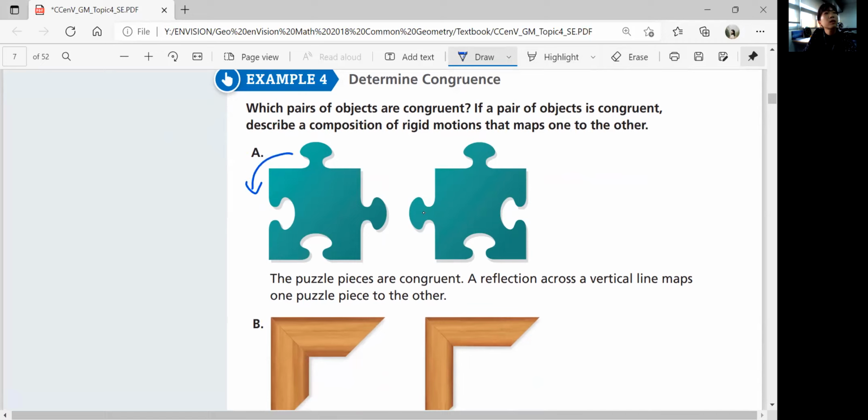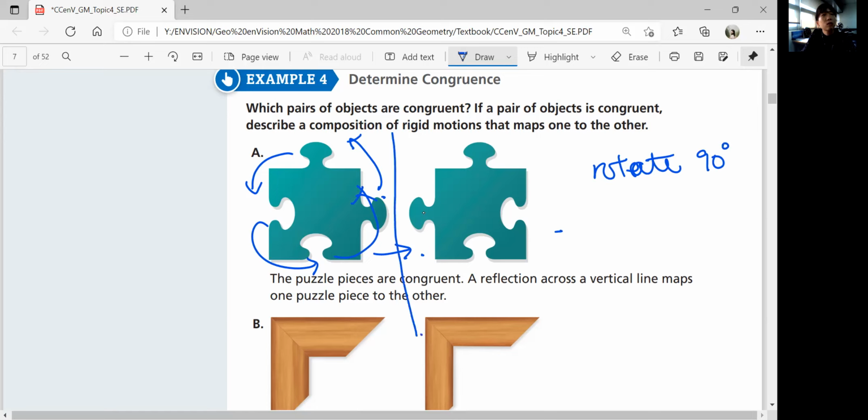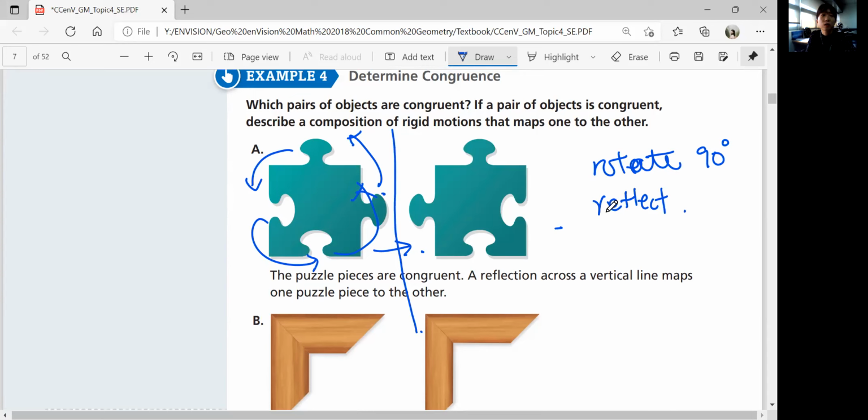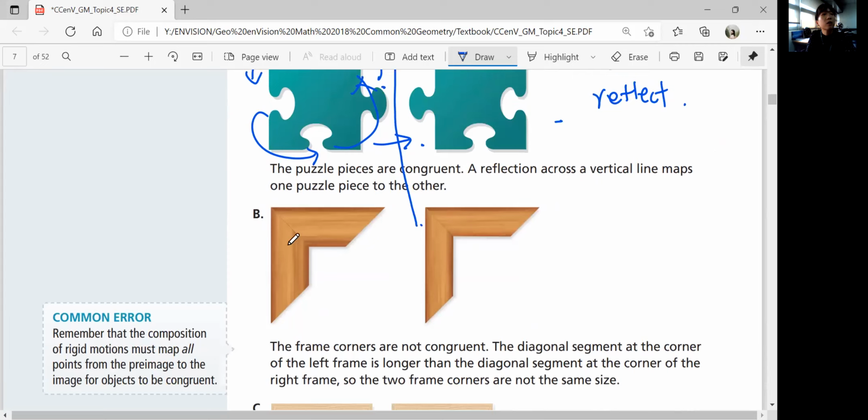Then this one comes here, that one goes here, this one goes down, that one goes up. Then yes, you can map this one into here. So you're going to rotate 90 degrees. Or you can reflect across this line, right?